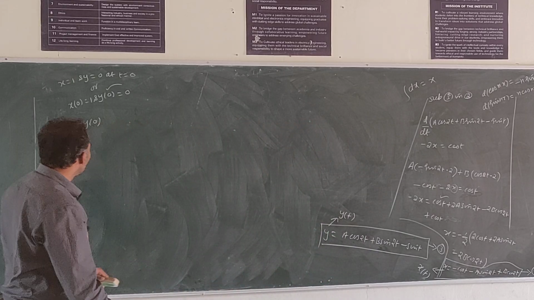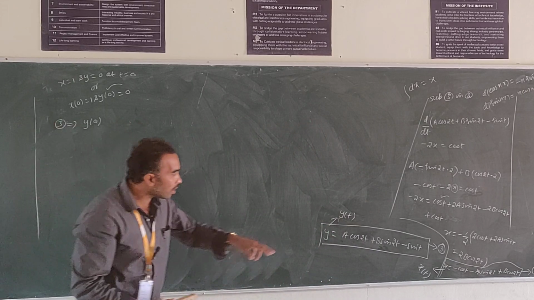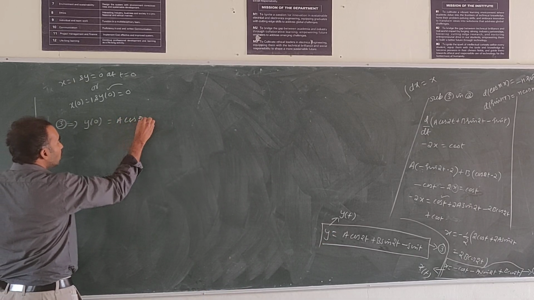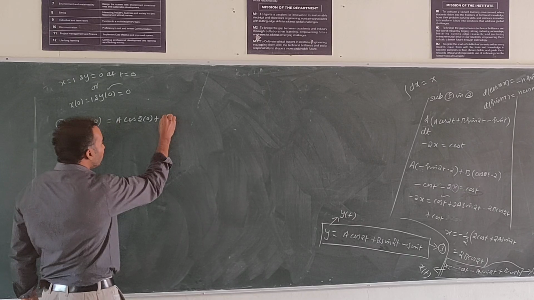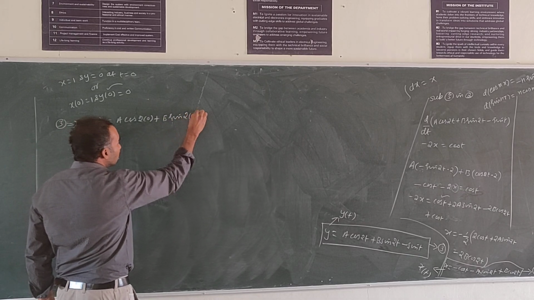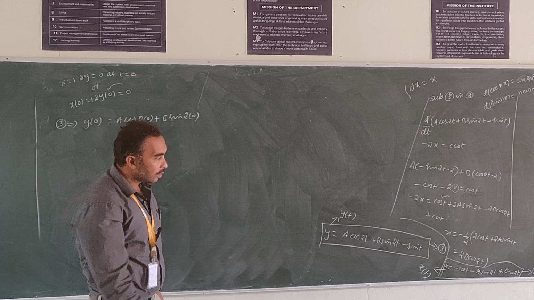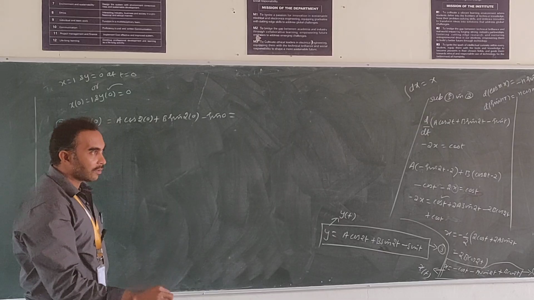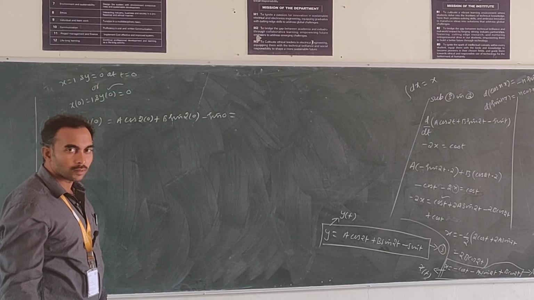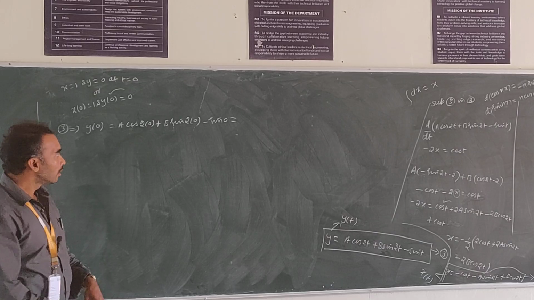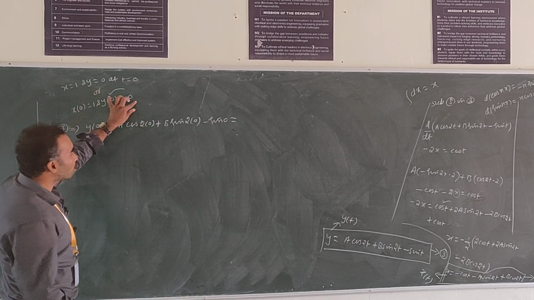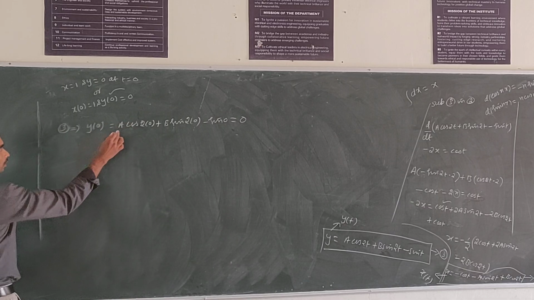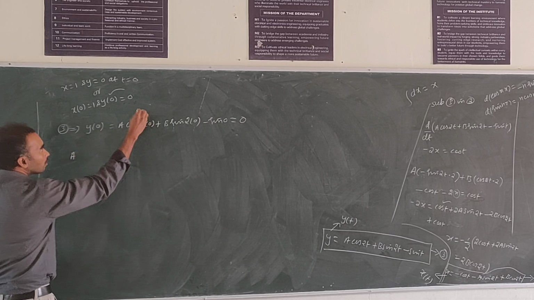So for y of 0, instead of t we put 0: a cos 2 into 0 plus b sin 2 into 0 minus sin 0 equals y of 0, which is 0.